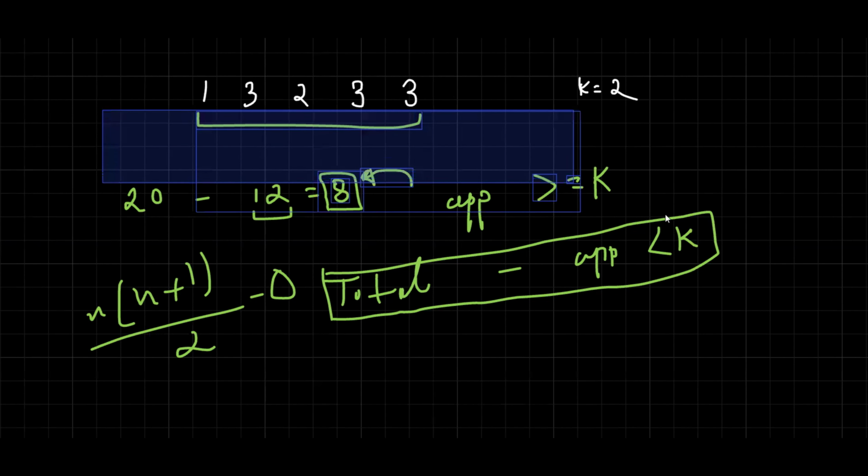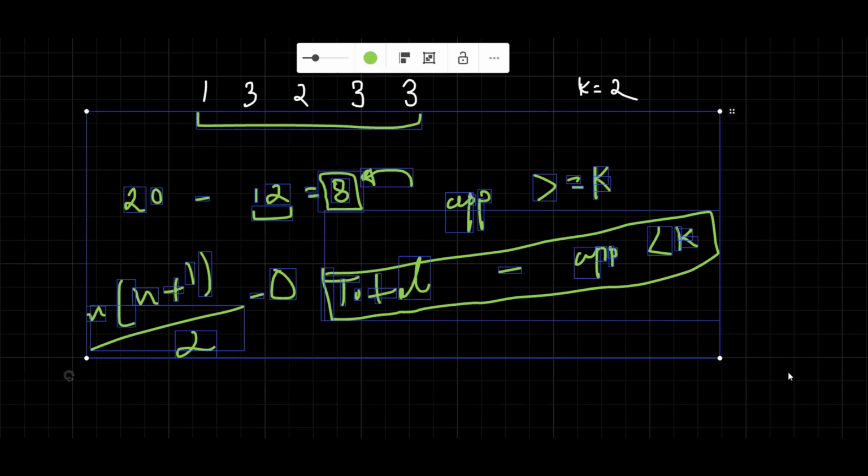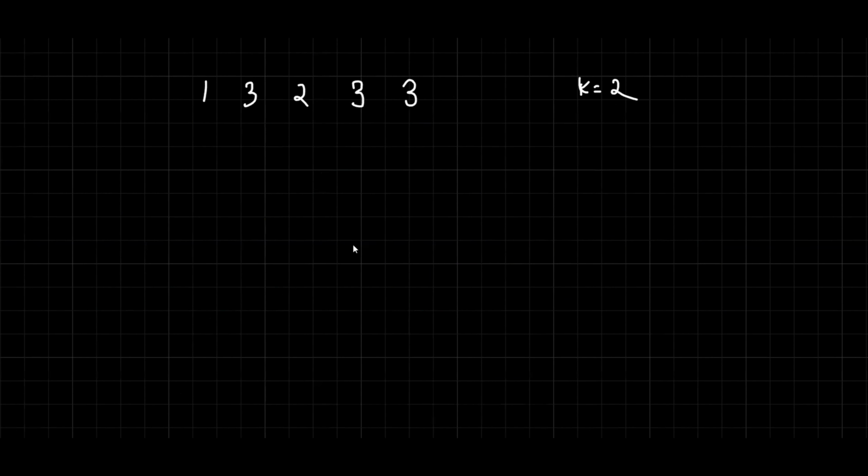Now, I hope you understood the reduced problem statement. Now let's see how we can find the number of subarrays where the frequency of the element 3 is less than 2.